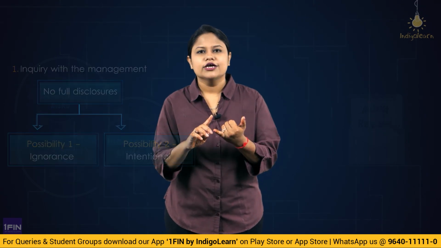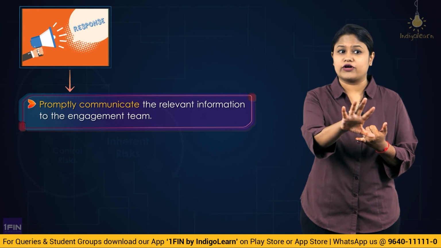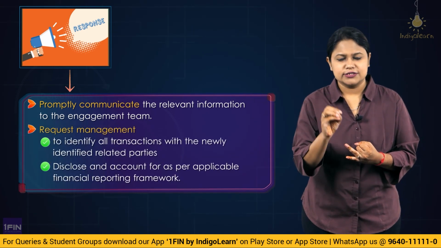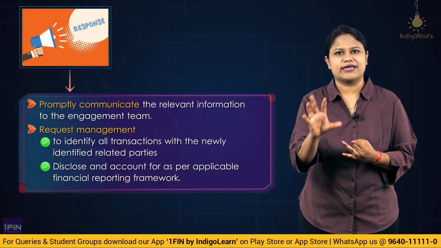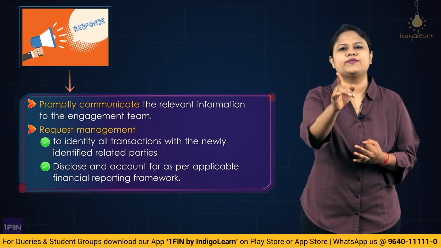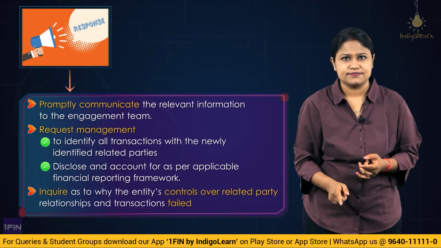So very simple, you will talk to all the engagement team members and make them alert that look, we have got something like this. Second, you will perform substantive audit procedures and understand whether everything is accurately recorded. Tell the management what we have identified, so that they do the recording later. Question the management, why did your control fail?